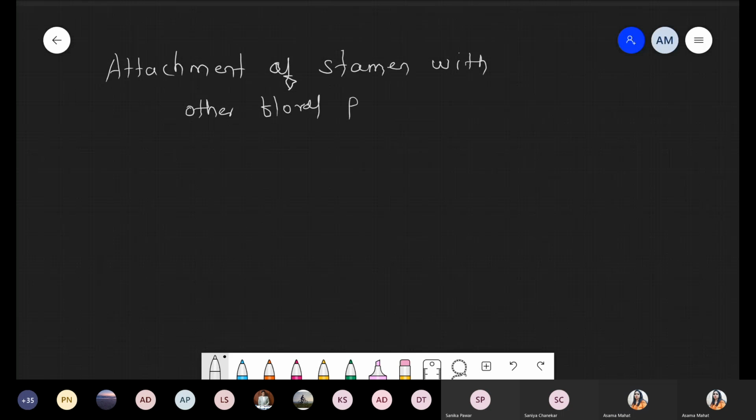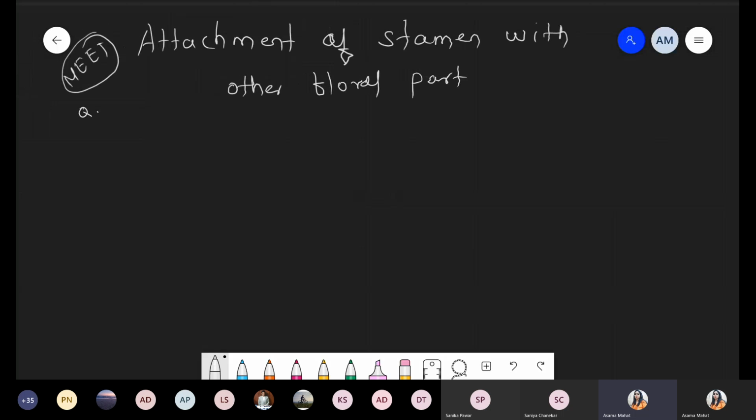So write down the next part, that is attachment of stamen with other floral part. This point is important according to the NEET examination also. Now, we have to discuss a total of 3 categories.